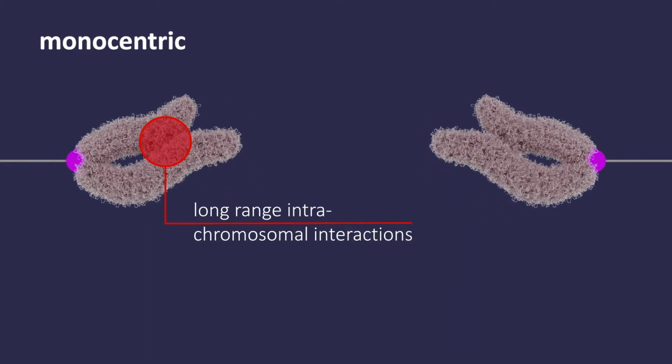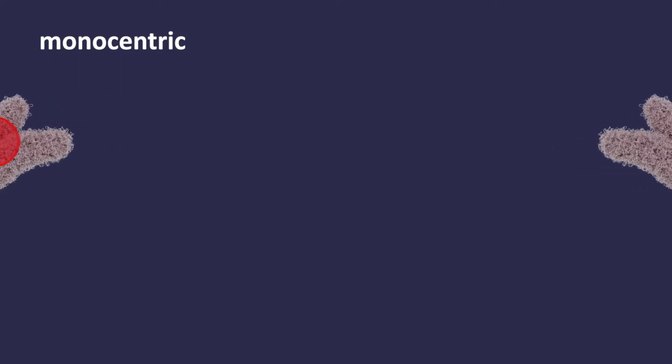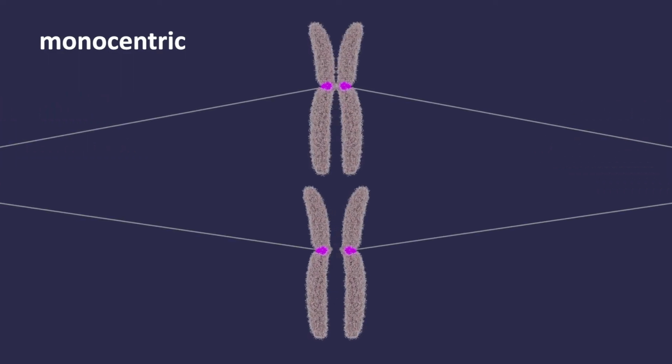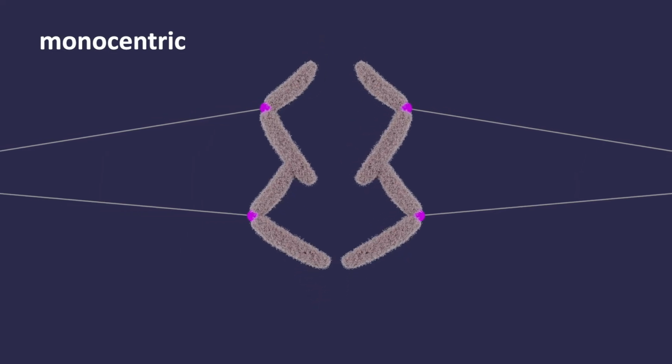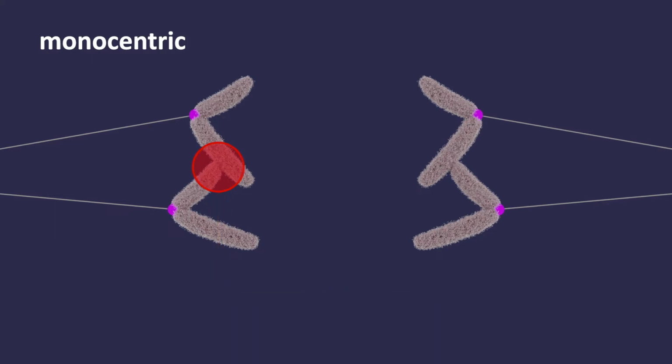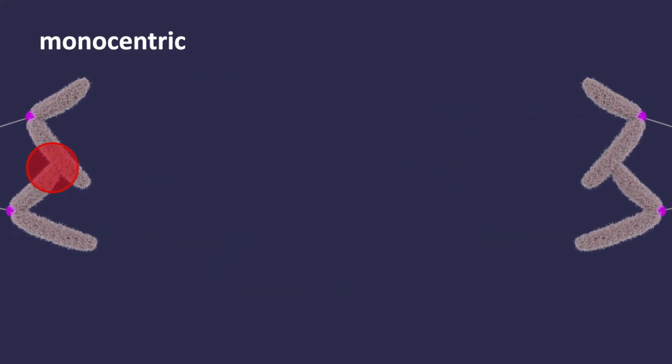This also causes regions that are distantly located in a single chromosome to interact with each other, the so-called long-range intrachromosomal interactions. This will also cause long-range interactions between different chromosomes, the so-called long-range interchromosomal interactions or trans-interactions.